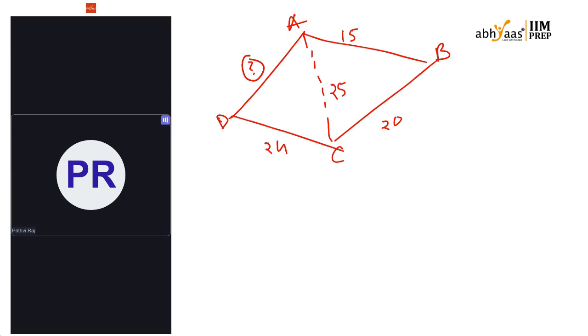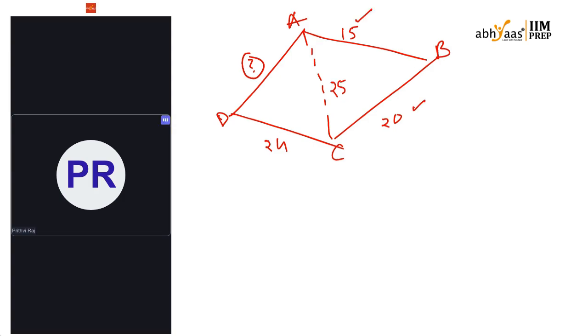So first thing, 15 and 20 are given. So check for this 25. Can you see that it is forming a right angle triangle? 15 square is 225, 20 square is 400. When I combine both, it's 625. 625 is the square of 25. That means it is 90 degrees. So if it is a cyclic quadrilateral, the opposite angle is also 90, because the sum should be 180.